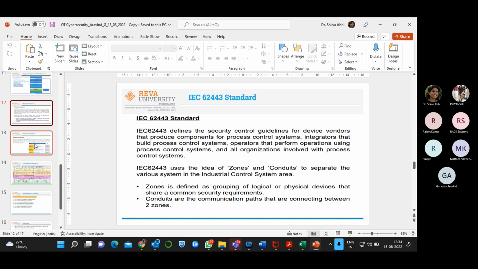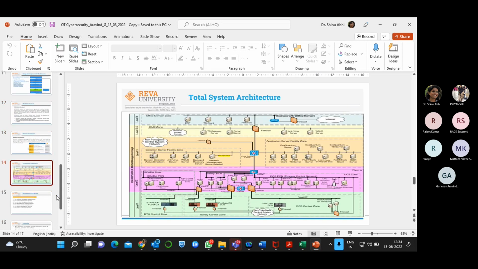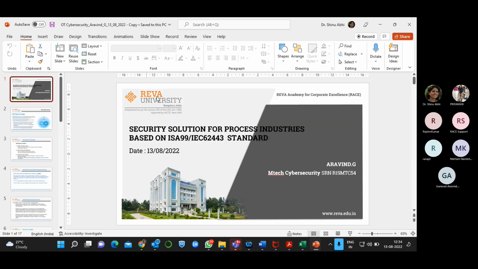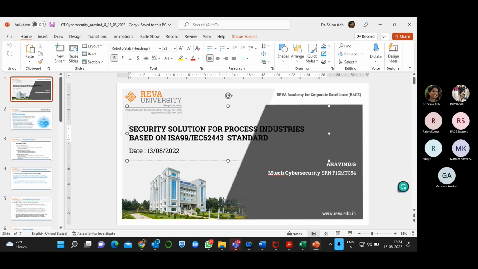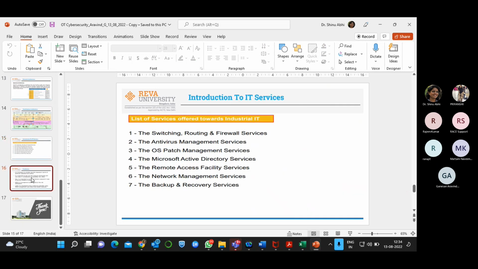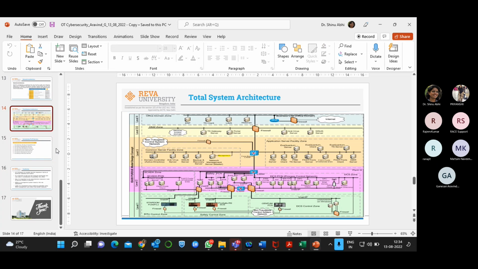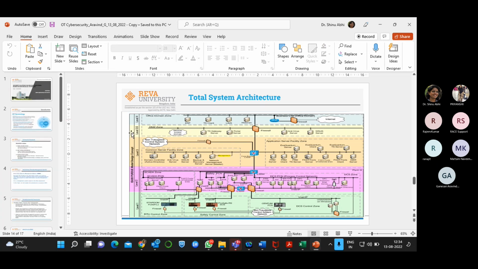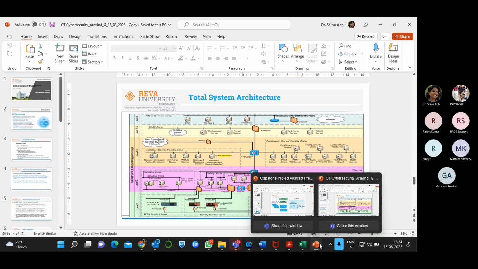The main problem statement is that I'm going to do an initial risk assessment analysis as a capstone, based on IEC 62443 standards. For risk assessment we follow certain steps, and after completing it, we will give recommendations to the company on what they can implement based on IEC 62443. And this is the total system architecture based on the levels.